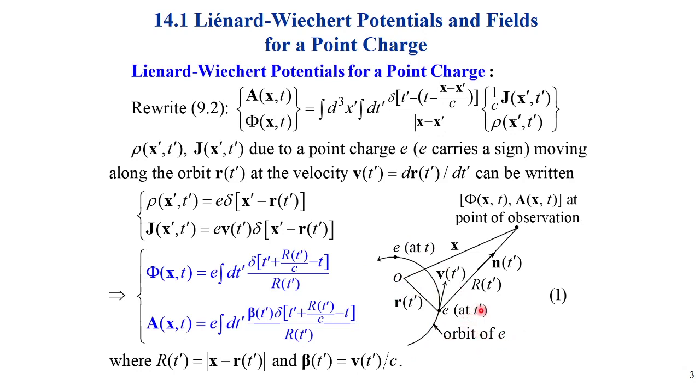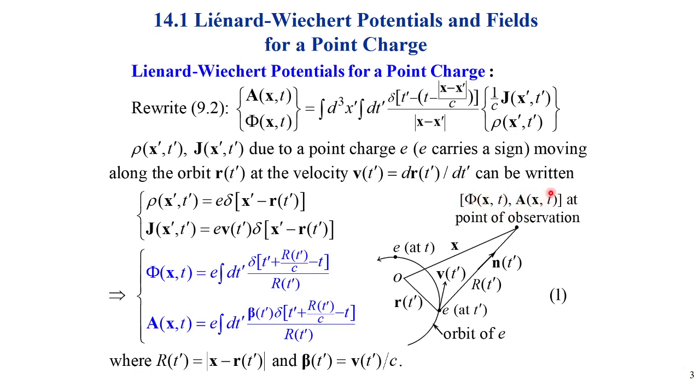At time t prime, it sends a signal and takes time to propagate to here. That's the point of observation. We have an observer here. So we measure at this point x, t.